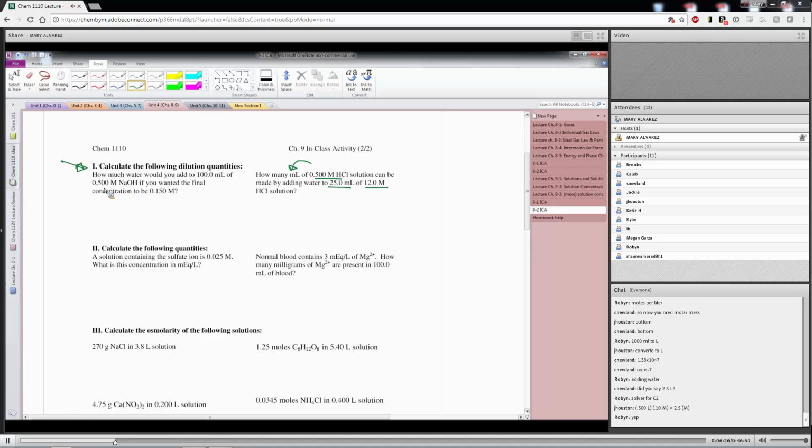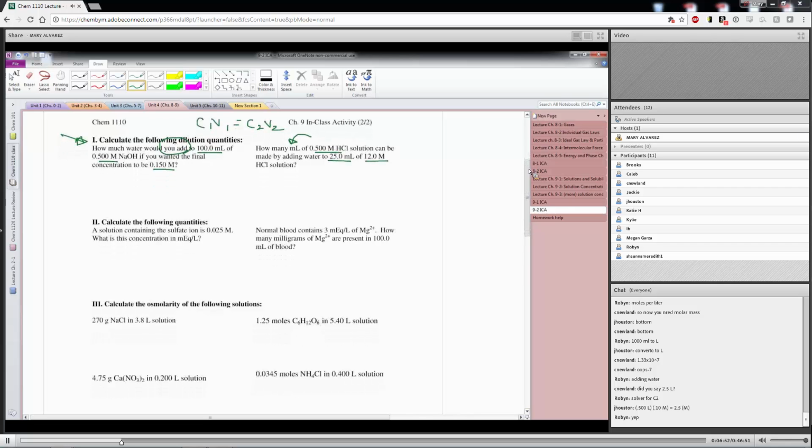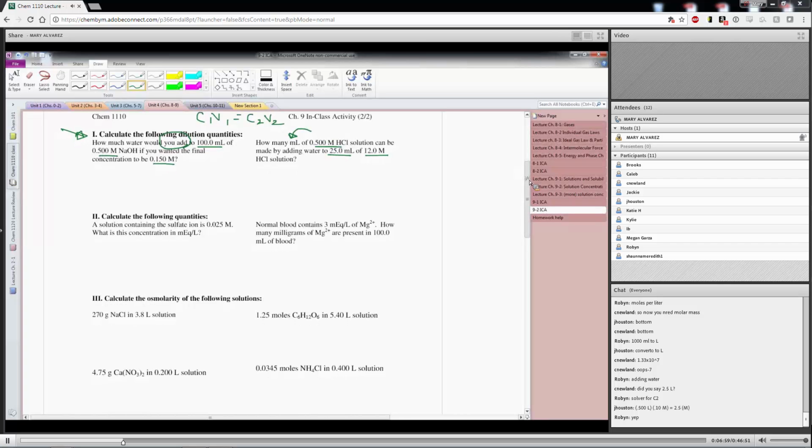Or if I have this initial concentration and this initial volume, and I want this final concentration, the question is not what the final volume will be, but how much water I would need to add to make it that final volume. Both of these use that C1V1 equals C2V2. I'm going to let you guys do those because I'm pretty sure you can do those without a problem. We'll come back to them if we have some extra time, but I want you guys to try those.